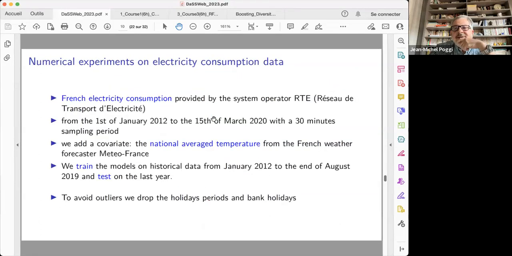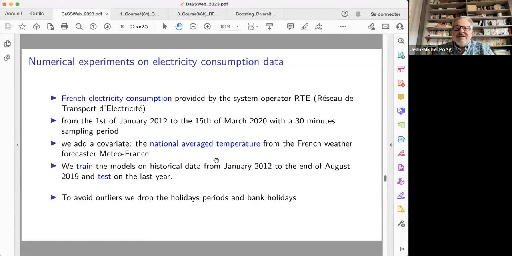So just an example on electricity consumption data. The seminal work we have in common was on forecasting electricity consumption on one hand, and on the other hand, forecasting pollution data.